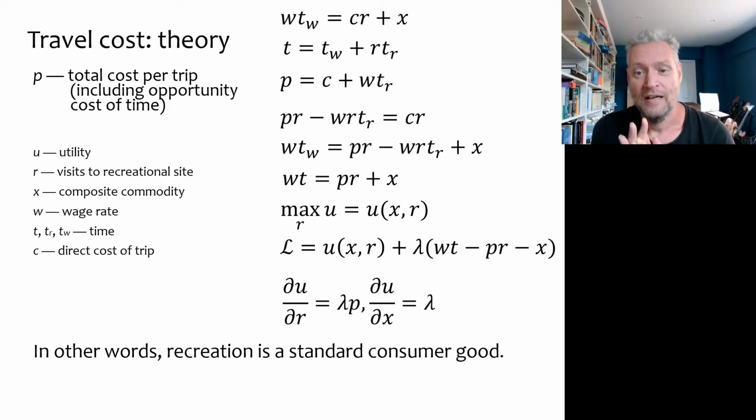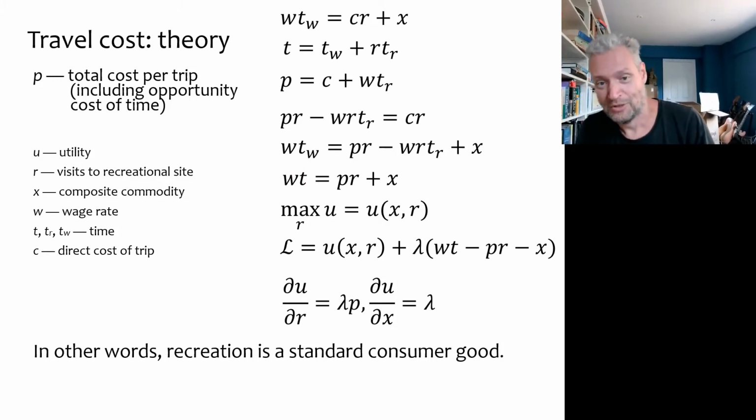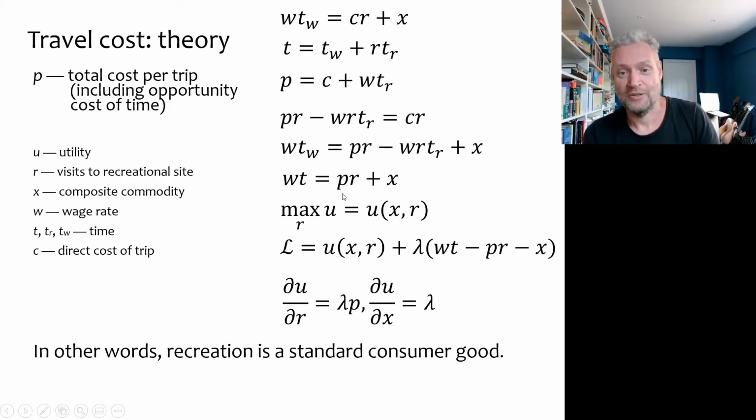And then we bring WTR to the other side of the equation and substitute this in, and then what we have is a total budget constraint, where total income, so the wage that you earn minus the opportunity cost of what you could have earned, is your total cost for spending on recreation and your total cost on the composite commodity, the other things that you care about, your material consumption.